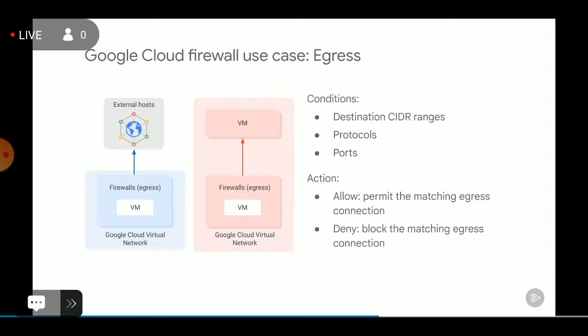Specifically, you can use destination ranges to protect from undesired connections initiated by a VM instance towards an external host, as shown on the left. You can also use destination ranges to prevent undesired connections from internal VM instances to a specific GCP CIDR range. This is illustrated in the middle, where a VM in a specific subnet is shown attempting to connect inappropriately to another VM within the same network.